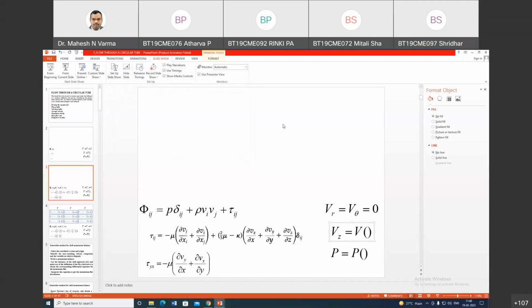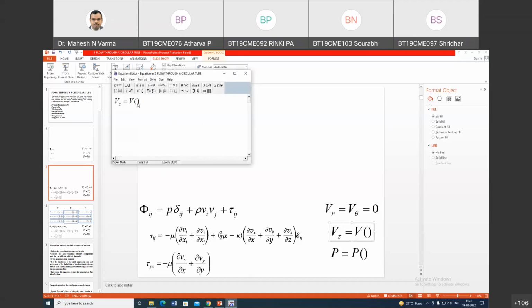Whether Vz is a function of r, theta, and z. Sir, it is a function of r only. Why is it not a function of theta?